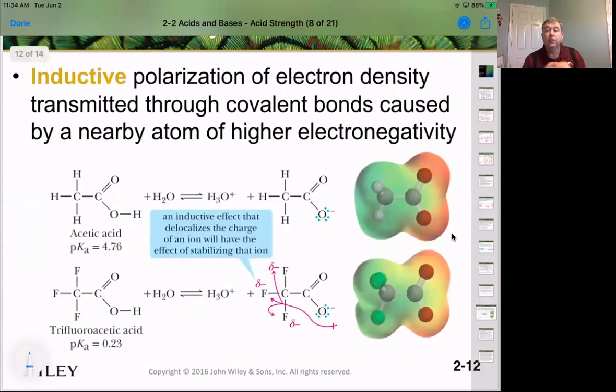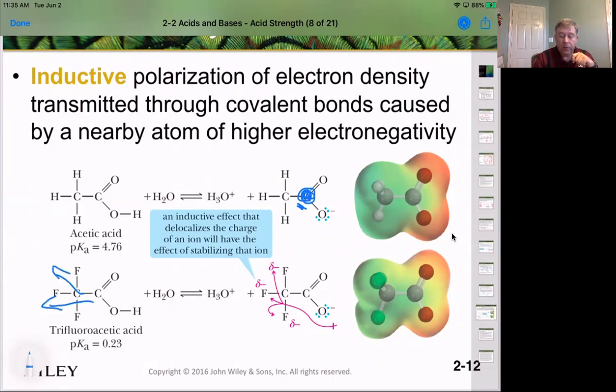Okay. So the next effect we have is what we call the inductive effect. What the inductive effect is, is that we're not changing the electronegativity of this atom here, this carbon atom. However, we have things that are bonded to it that can pull electron density away.